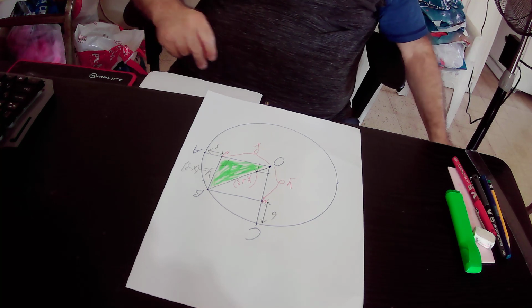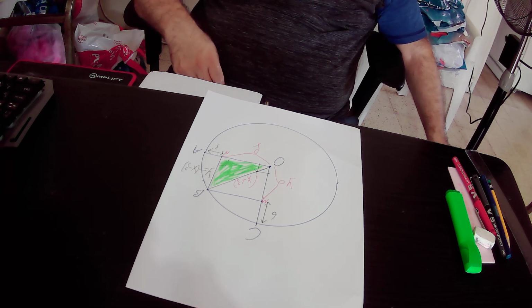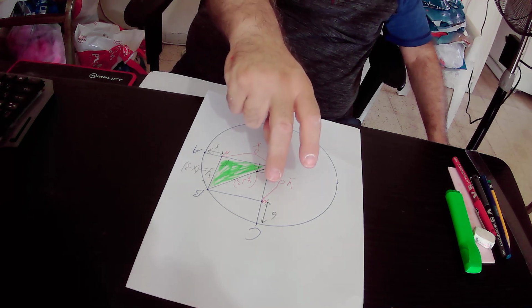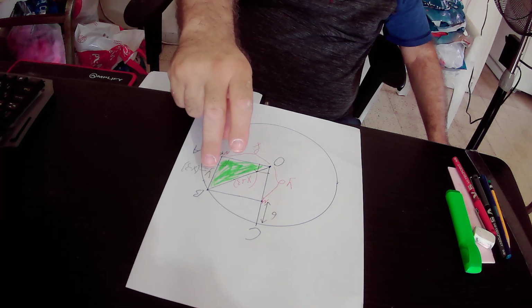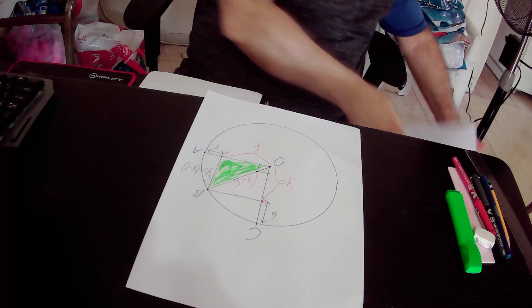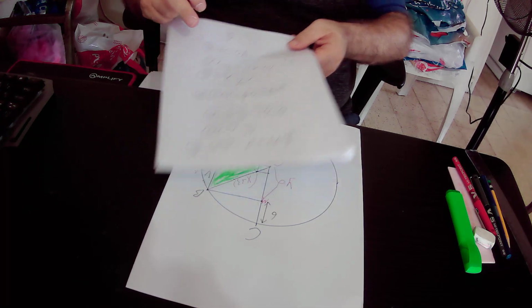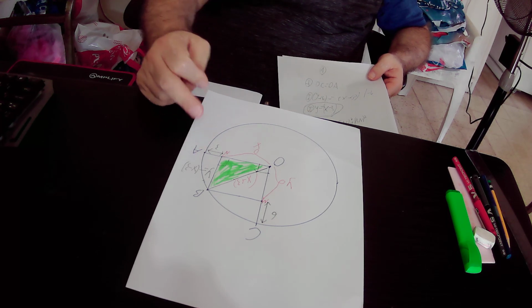And in a rectangle, the parallel sides are equal to each other. So if side OM of the rectangle equals y, side PN of the rectangle also will be equal to y. But y equals x minus 3, so we can add here that y equals x minus 3.